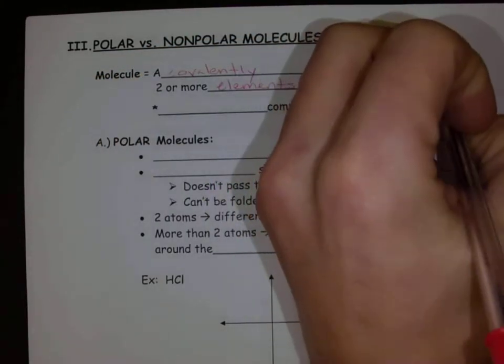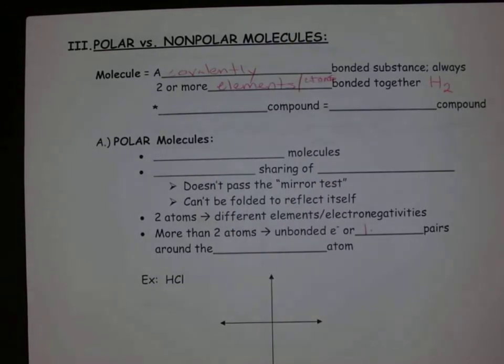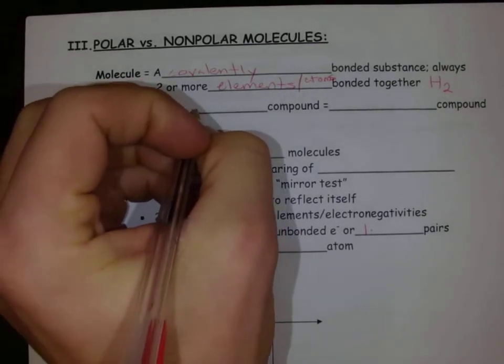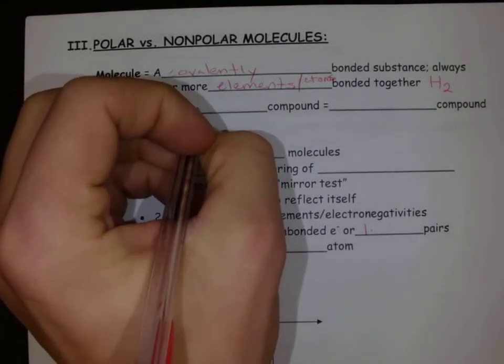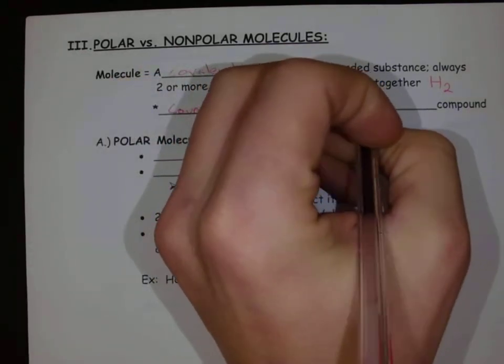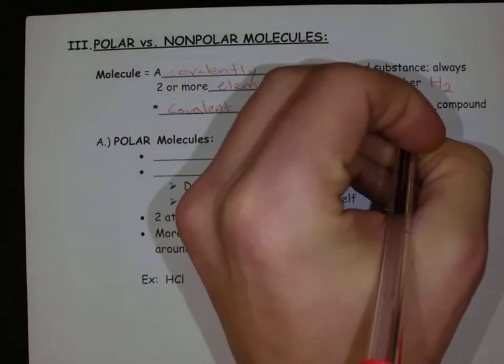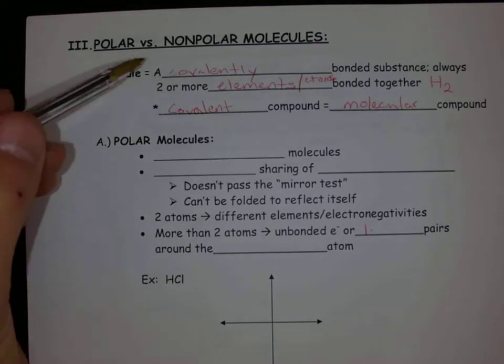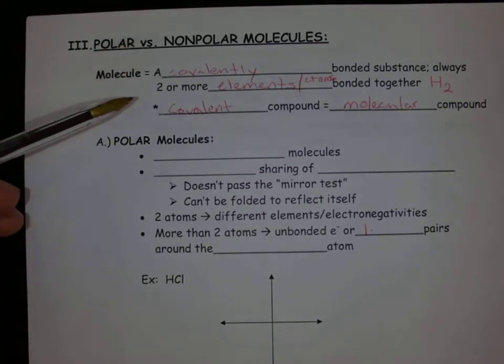So H2 would be two atoms bonded together with a covalent bond. A covalent compound is a molecular compound. So when I say a molecule, we want to think about our covalent compounds.